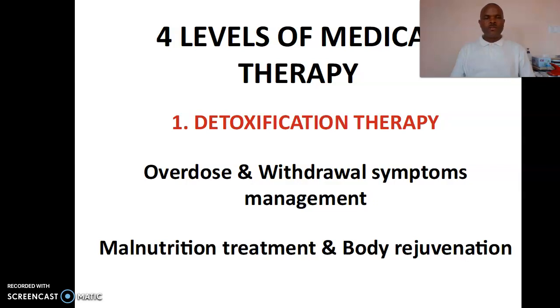These symptoms can be like someone being irritable, unable to sleep, nauseated, vomiting, having diarrhea, sometimes tremors, sometimes body aches, the body muscles cramping, and sometimes even convulsions, like someone who is epileptic. Those are signs of withdrawal.